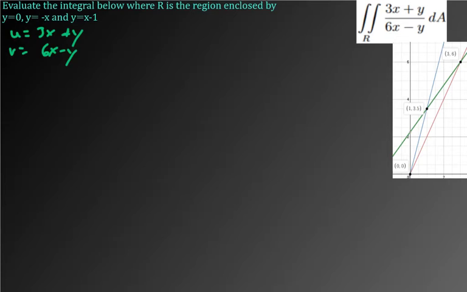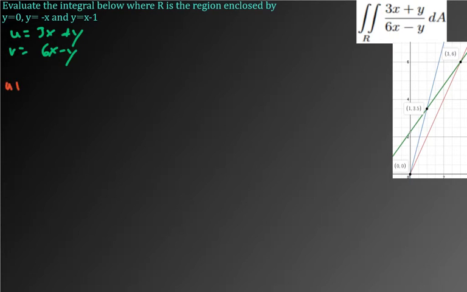So I'm going to set up a system of equations where I can try to eliminate x, and then another one where I can eliminate y. Eliminating y is pretty straightforward, right? Because if we just add these two equations, we would eliminate y. So let's just do that.